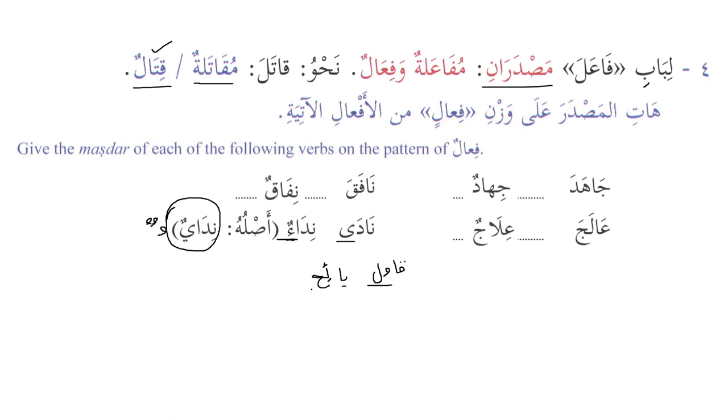Once you go through the rules, discuss them and practice them, inshallah you will get used to them. This idea is clear now, hopefully. So why do we specify that this only happens in masdar or sometimes in noun forms? Isn't it always the case? No, it's not always the case.